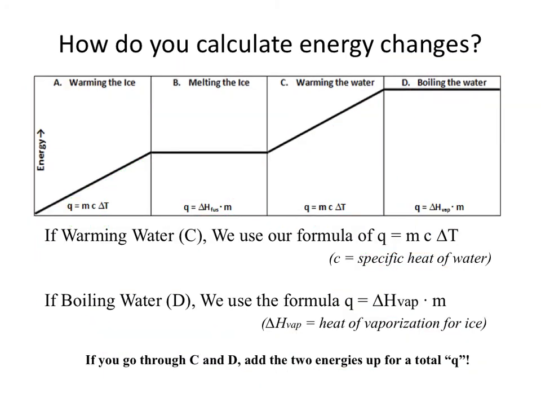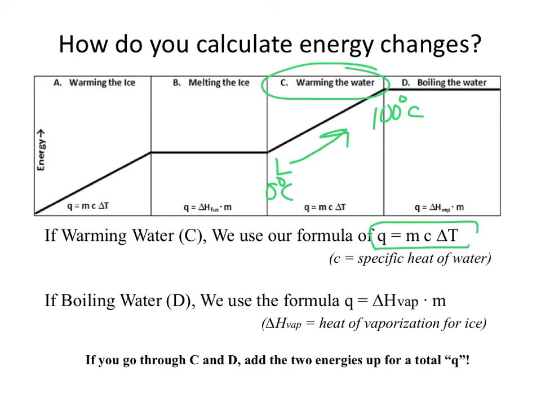All right, so when you're calculating energy, if you are warming water, and again, that's liquid water, and its temperature is going up between 0 degrees Celsius and 100 degrees Celsius, in order to figure out that energy, you would have to use Q equals MC delta T. But since we're dealing with liquid water, you'd have to use the C value specific to liquid water, not ice. So that value for C in part A is different than the value of the specific heat, or C, for part C. So keep that in mind.